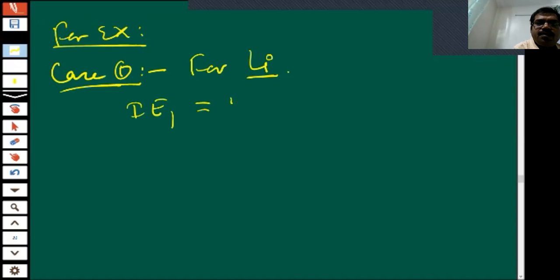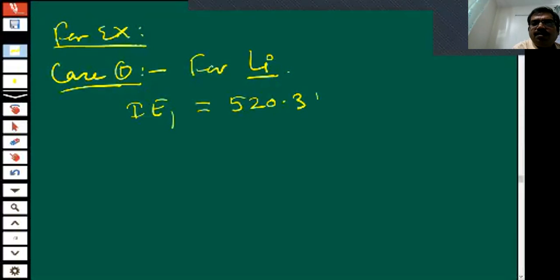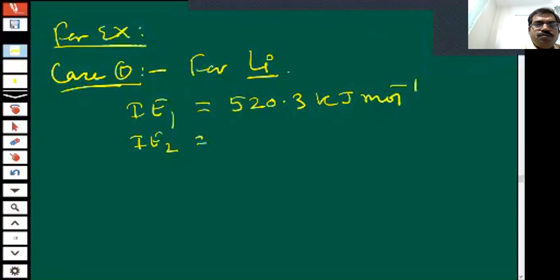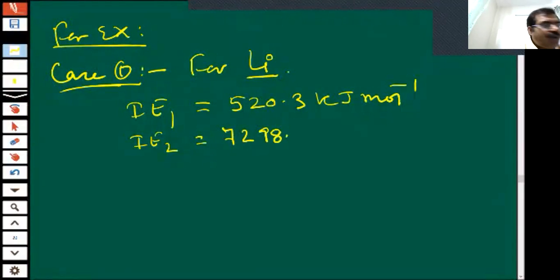IE1 is 520.3 kilojoule per mole, and then IE2, the value is 7298.1 kilojoule per mole.